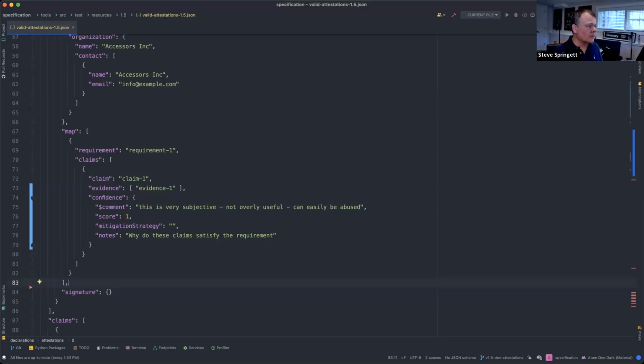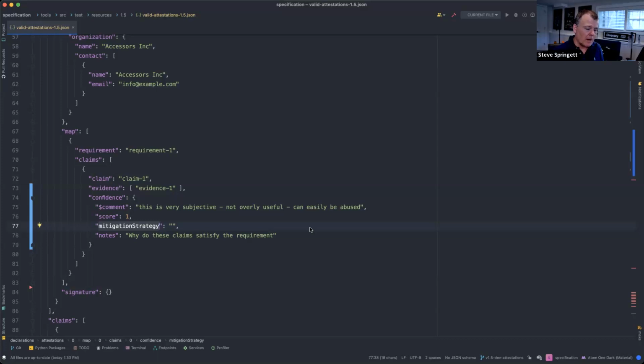Now we use this particular noun in our ML support, and it's a text field, but we use it in our ML support in 1.5, where we're describing fairness assessments and biases and stuff like that, ethical considerations.